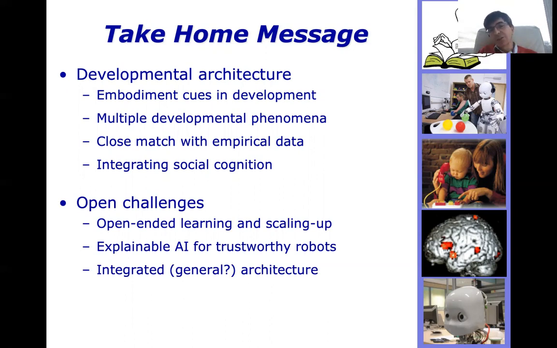Not necessarily having a general architecture, let's say like a SOAR architecture or ACT-R architecture. So our approach is to integrate smaller components. That's why in the first video that you saw, we combine a recurrent connection from another study with an element of this architecture we call the Cognitive Robotics architecture. And then remember the final consideration was the importance for trustworthy robots to consider theory of mind and aspects of explainable AI. Thank you.